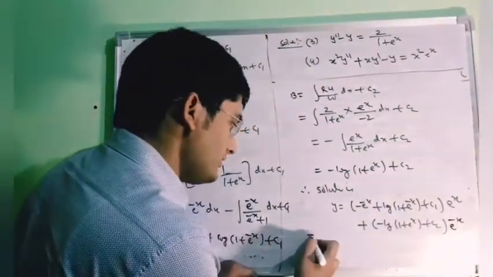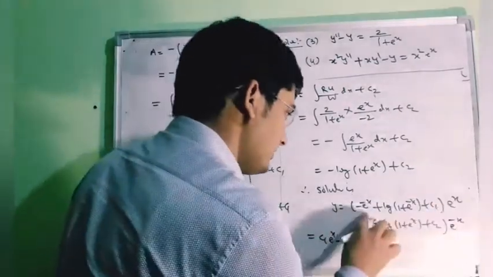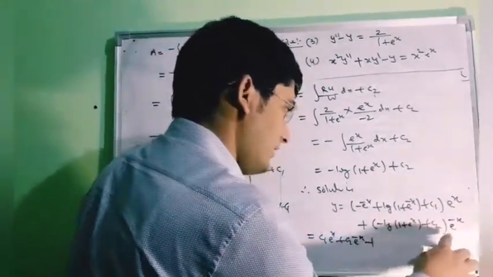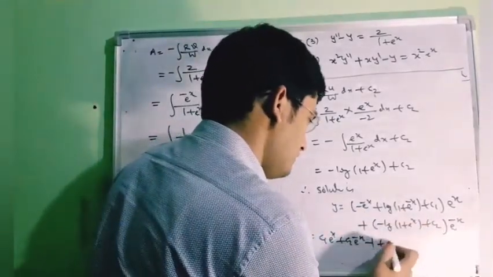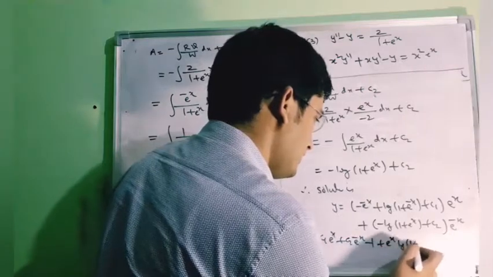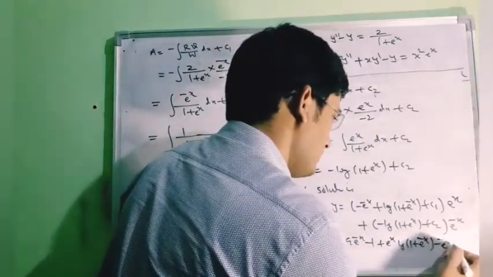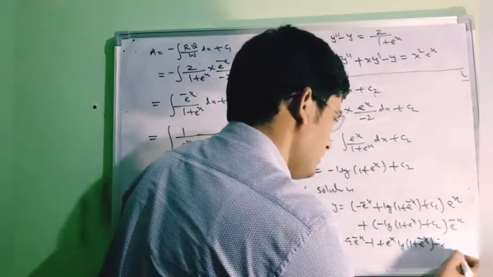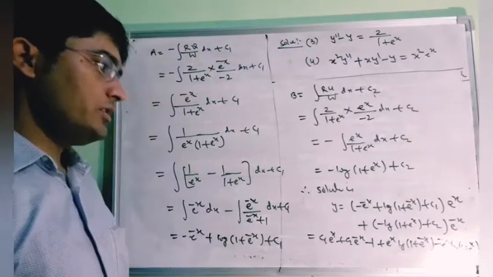So we can write it as c1 e to the power x plus c2 e to the power minus x. Now this will become your minus 1, and then this term will be your e to the power x into log 1 plus e to the power minus x. Then this will be your minus e to the power minus x into log 1 plus e to the power x. So this is your solution of this problem.